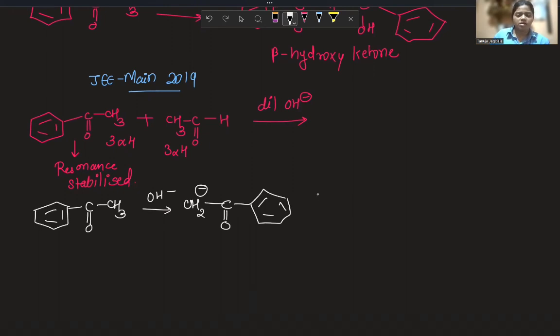This enolate ion attacks the other molecule of acetaldehyde to form the addition product.